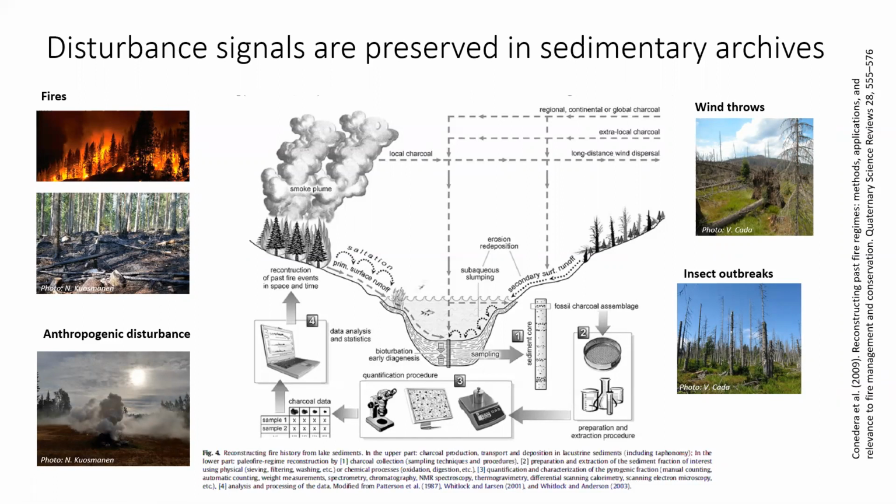Or we can have anthropogenic disturbance indicators that are also deposited in sedimentary archives. For example, anthropogenic induced fire or grazing or other. We could also have logging, although from that we don't have that much information in the sedimentary archives.